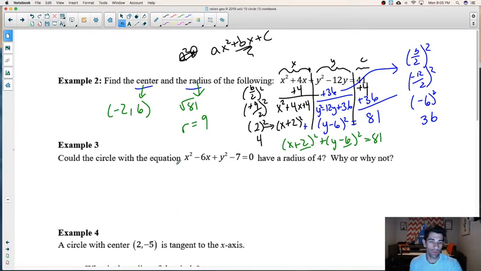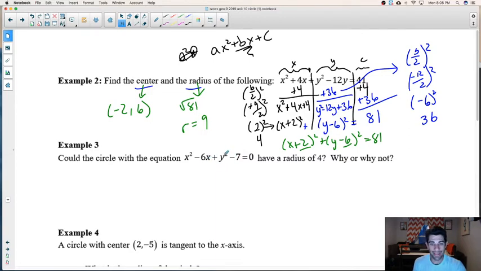Could the circle of the equation have a radius of 4, why or why not? So basically we're going to have to do the same thing. Now I'm going to do this one the same, but I'm going to try to skip steps, make it a little bit easier. Here I showed every single step. So the first thing I want to do is make sure I have all my x's grouped like this, and now my y's grouped. Now this is negative 7, so notice how it's different.